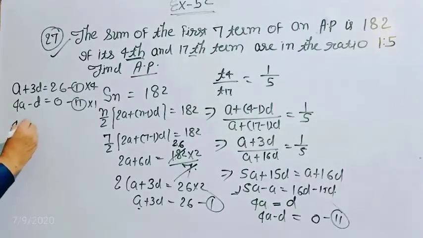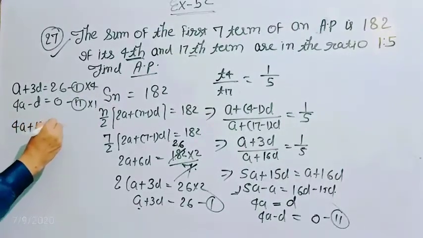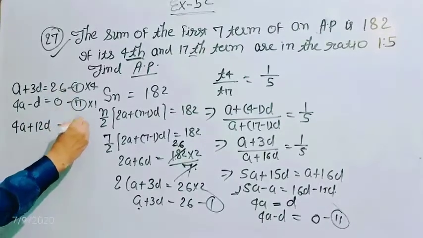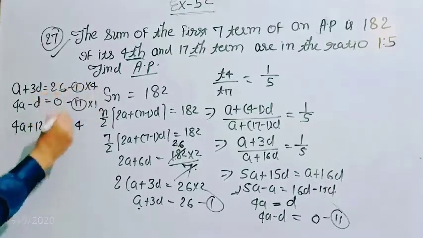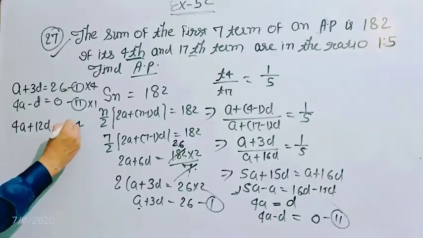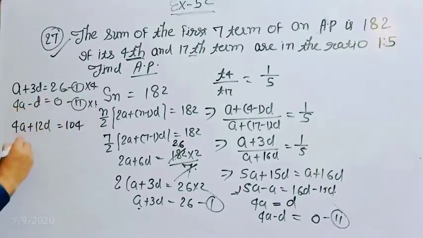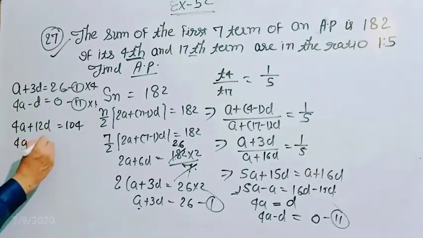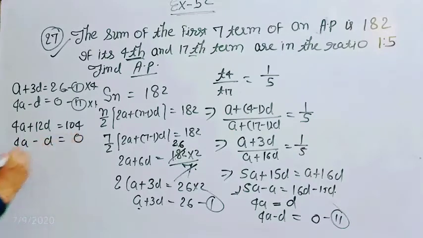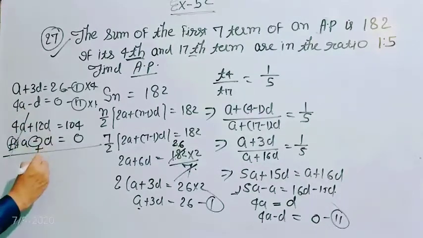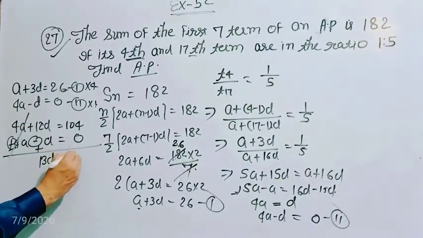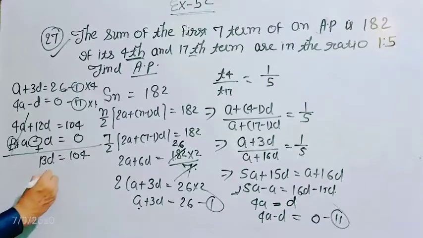It is 4A plus 12D and 26 times 4, that is 104. Here is 1, then 4A minus D is equal to 0. Subtract, then it is minus, cancel. It is minus, then plus, so it is 13D is equal to 104. So what is D? It is equal to 8.